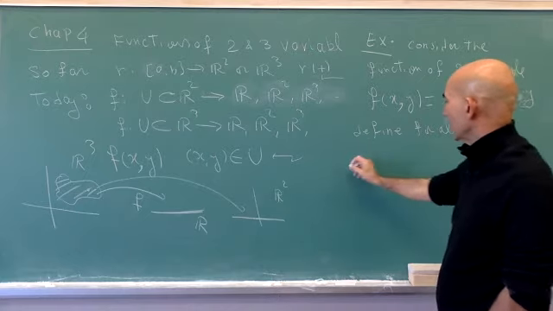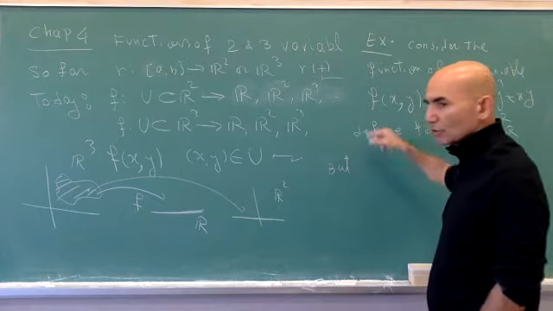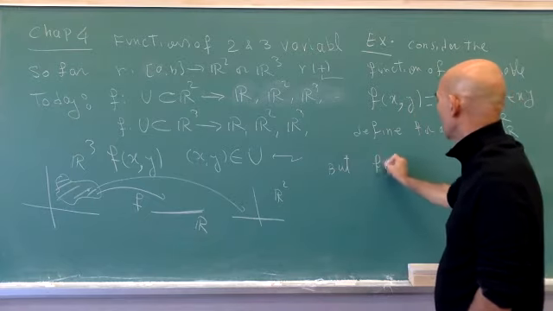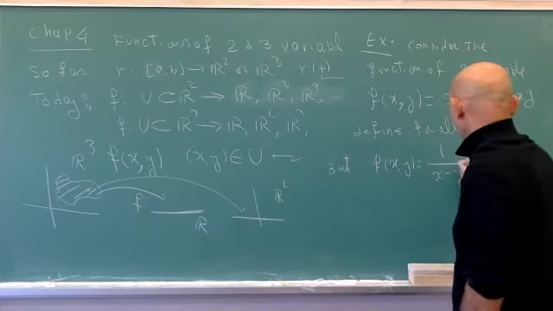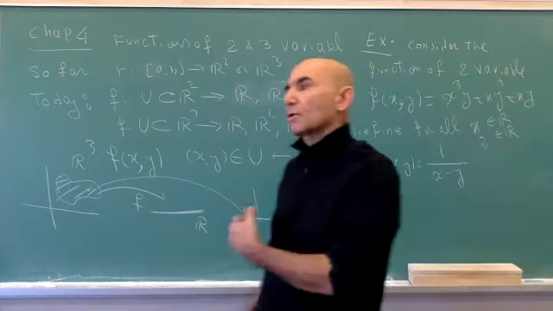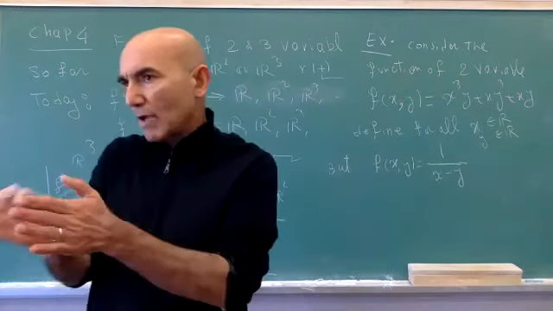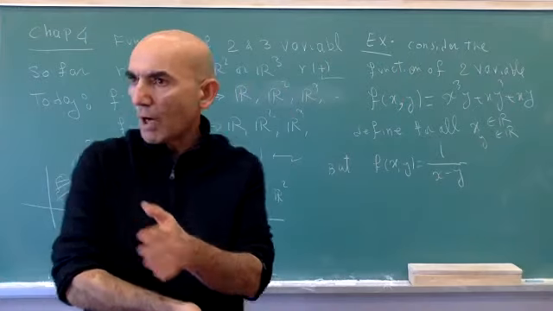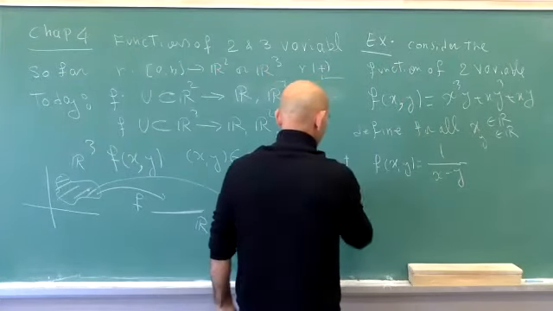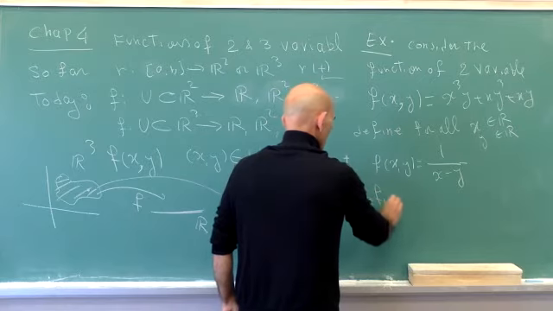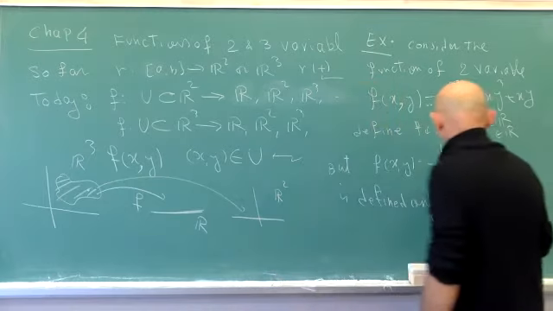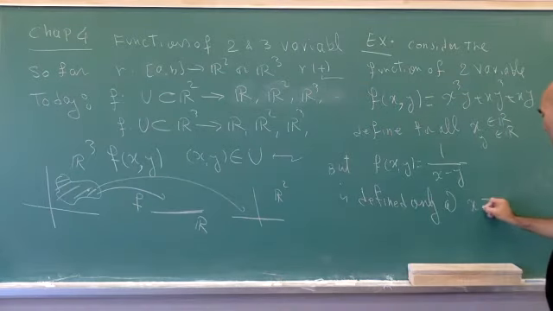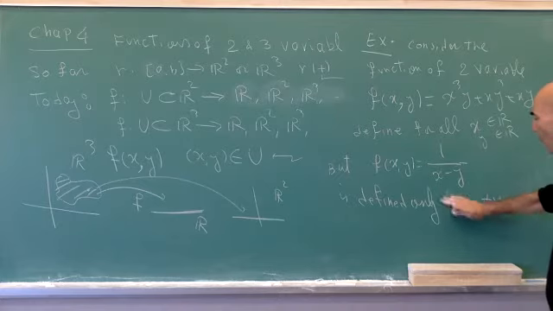But if you consider a function which is like a rational function of these two things, if we take f of x and y, for example, equal to 1 over x minus y, right? So this function, its natural domain is we have to delete that line x equal to y. It is defined only for x different from y.